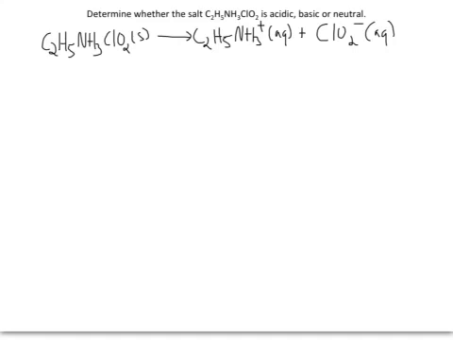So I need to consider its conjugate base. Its conjugate base is going to be the same compound, just minus one H plus, and so I have the conjugate base is C2H5NH2. This is not one of the 8 strong bases, so we can assume that it is a weak base.